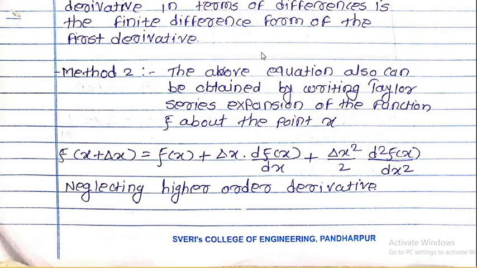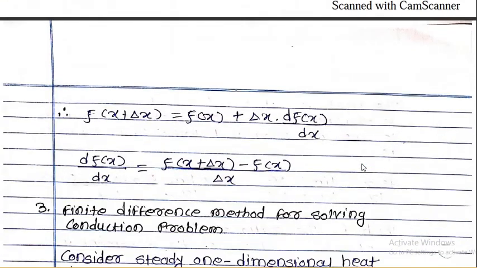Now we get the above equation by neglecting the higher order derivatives. Higher order derivative means what? We have to take the terms up to the first derivative only, and neglect the remaining further expansion. So we get f of x plus delta x equal to f of x plus delta x multiplied by df of x divided by dx.